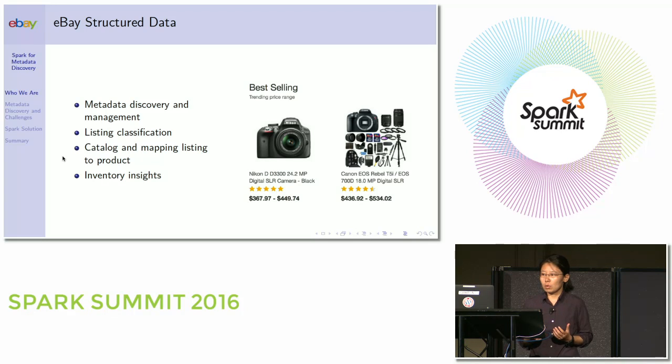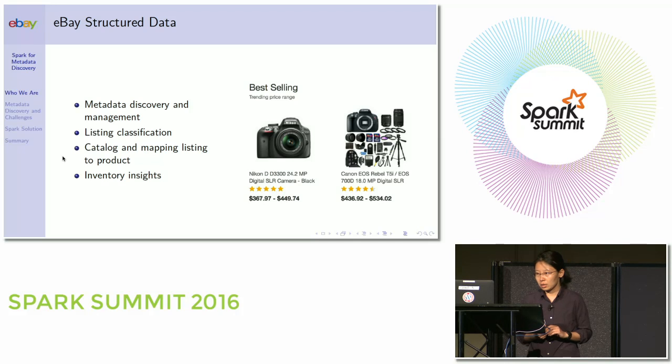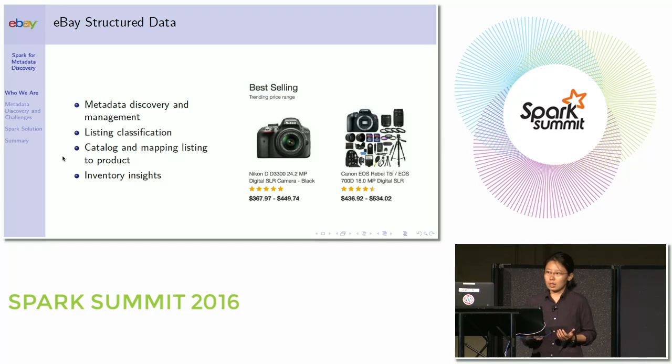Given a listing, our recommendation system automatically recommends the most likely categories from thousands of categories for the user, so that the user only has to go through maybe 10 most likely categories to choose from. We also have other classification tasks like taxonomy classification, which basically tries to assign predefined taxonomies to listings, like product types.